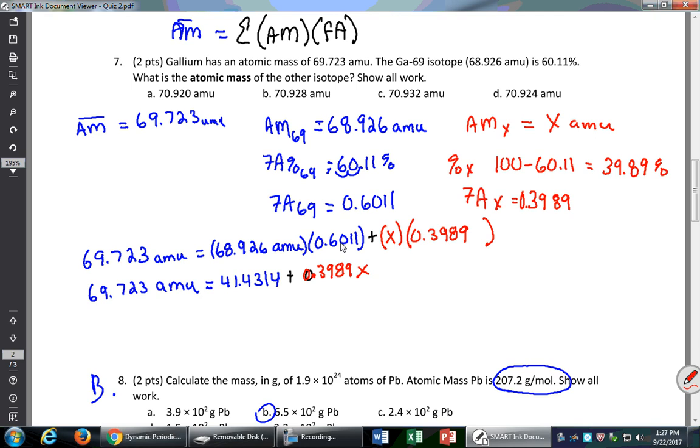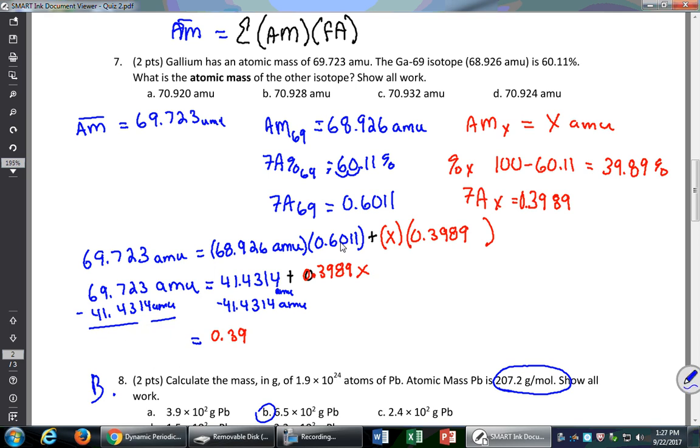Now I have AMU on both sides, so I can just subtract AMU from AMU. And that's going to be equal to my 0.3989 X. Oh, I'm so sorry, guys.